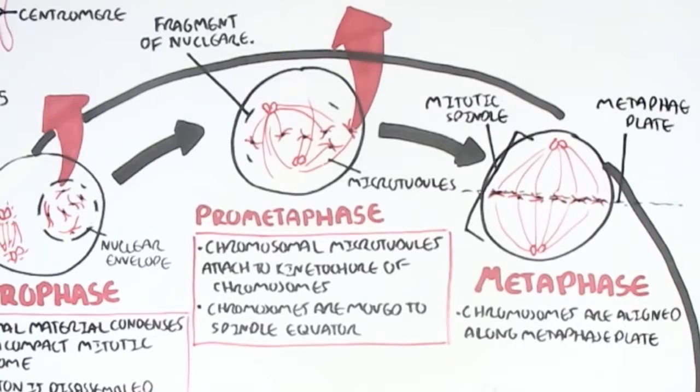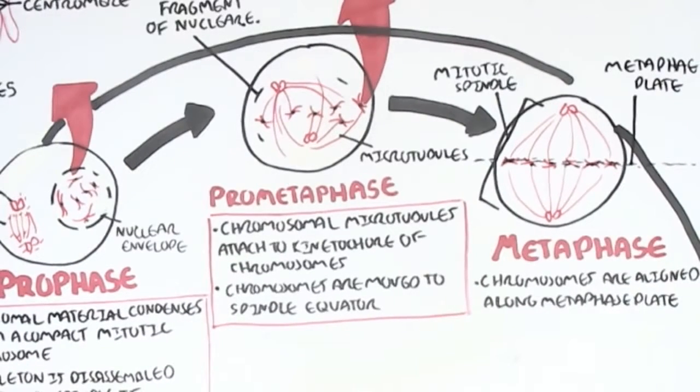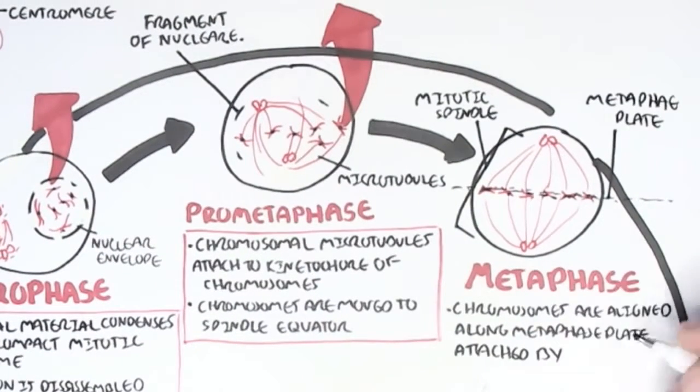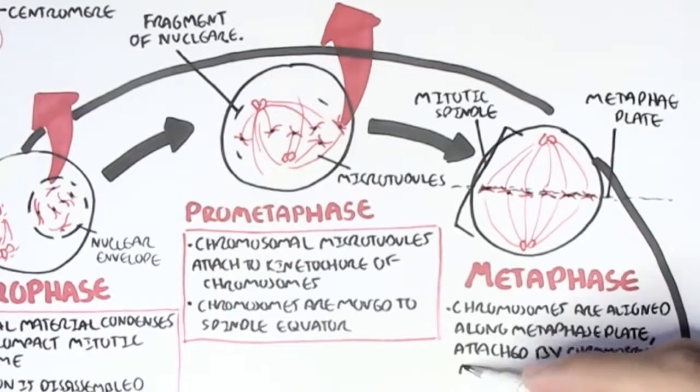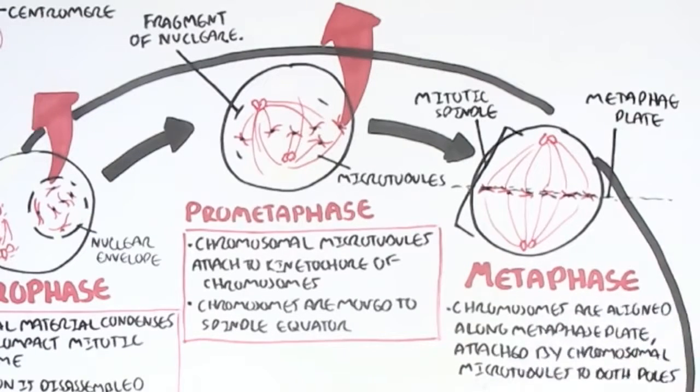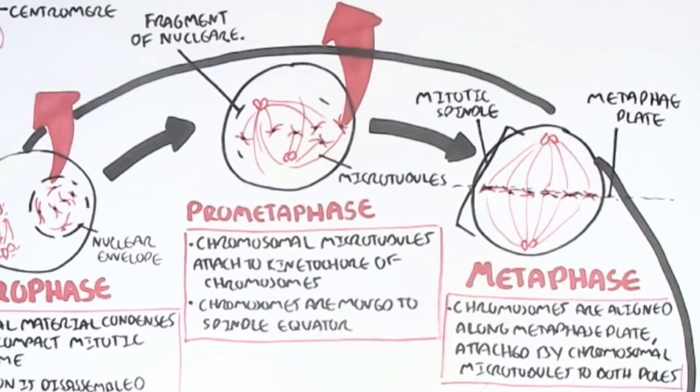The duplicated chromosomes that are aligned on the metaphase plate will be attached by the chromosomal microtubules at both poles. What this means is that the centrosomes on each of the poles will have microtubules attaching to the same chromosomes, essentially.